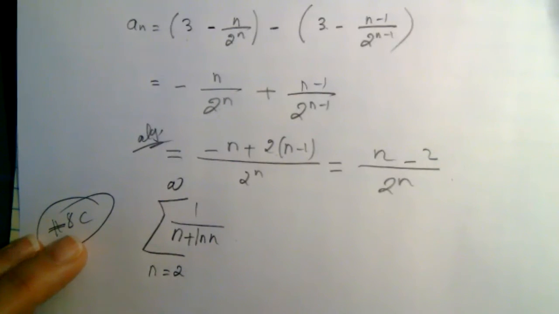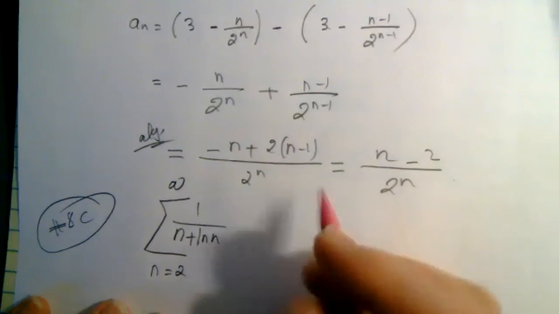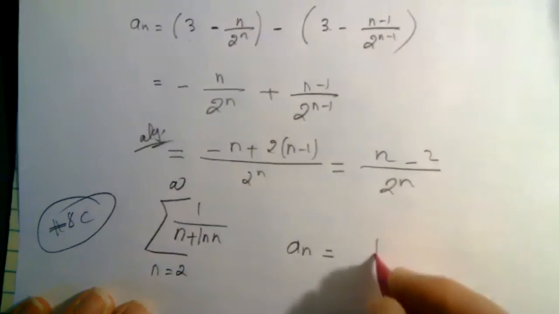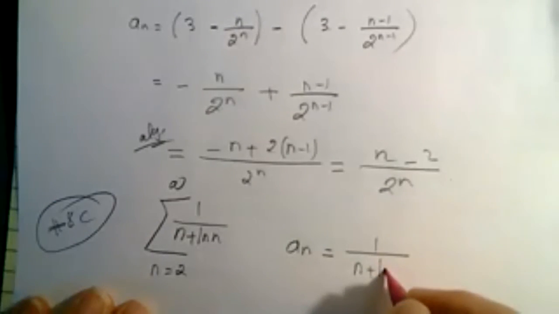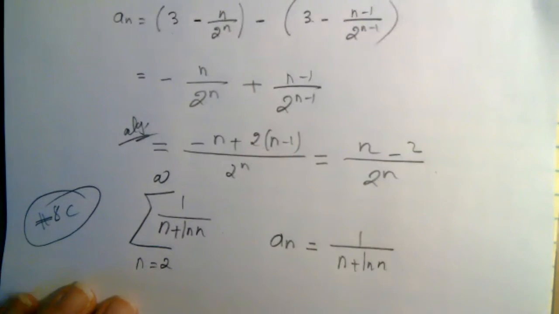What do you think? Which test do you think is a good test? Divergence test. Let's see. My an here is 1 over n plus ln of n. When n goes to infinity, an goes to where?